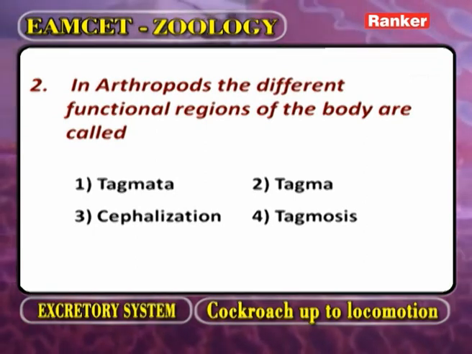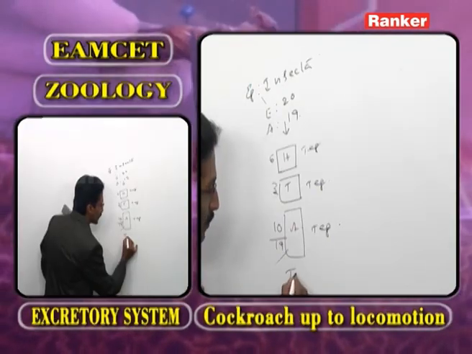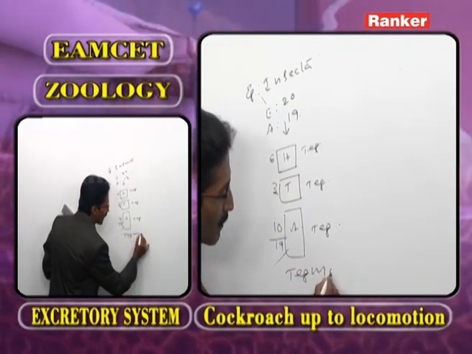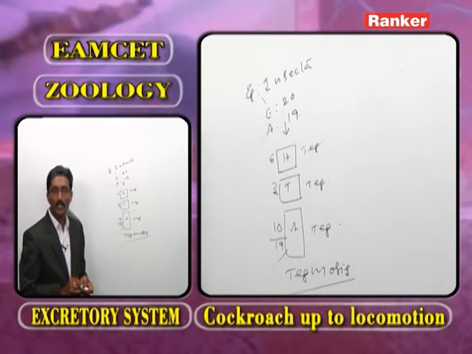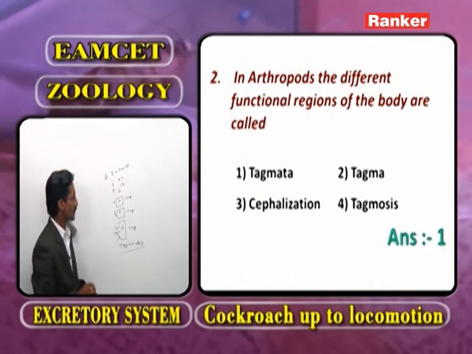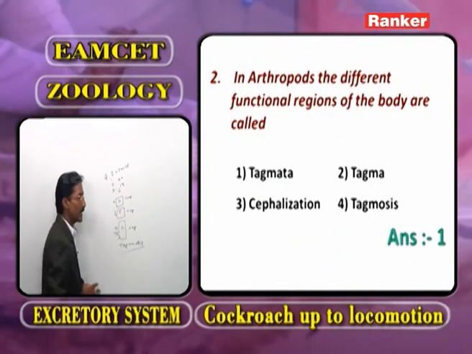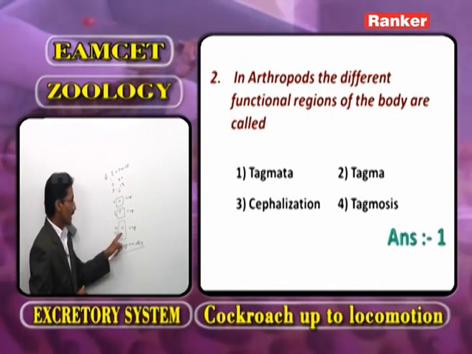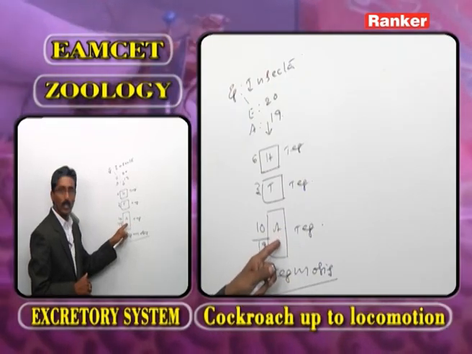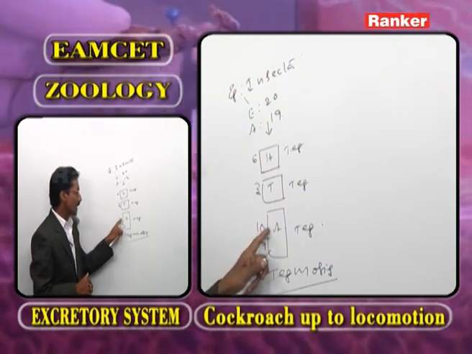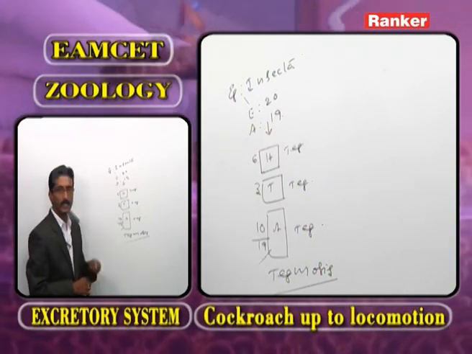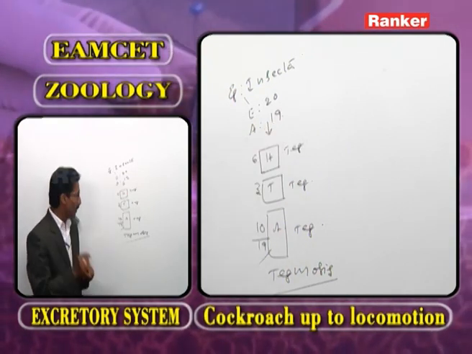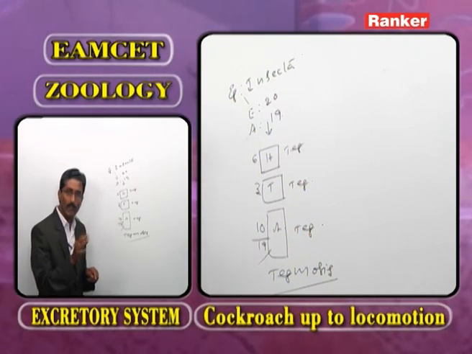The formation of tagmata is called tagmosis. Now, in these 3 tagmata, what is the largest one? That we call the abdomen. In the adult stage, 10 segments, but in the embryonic stage, how many segments are present in the abdomen? 11 segments.